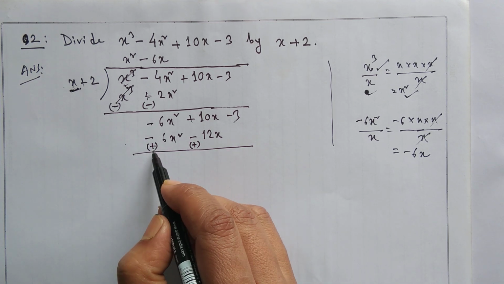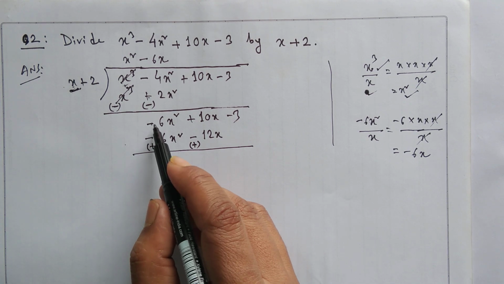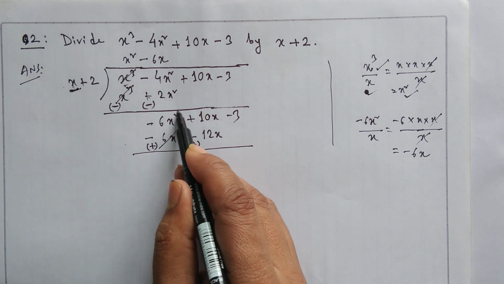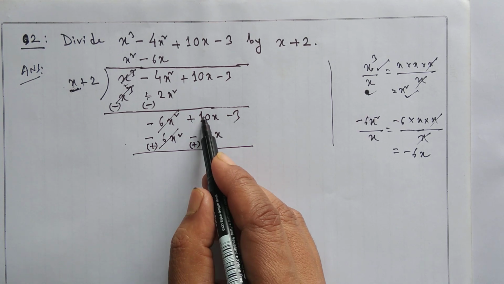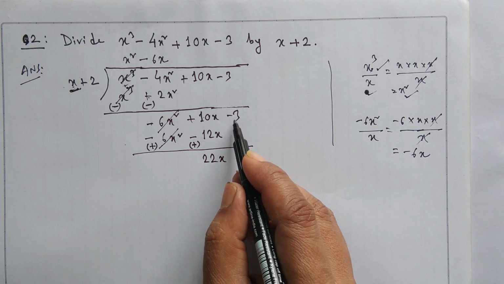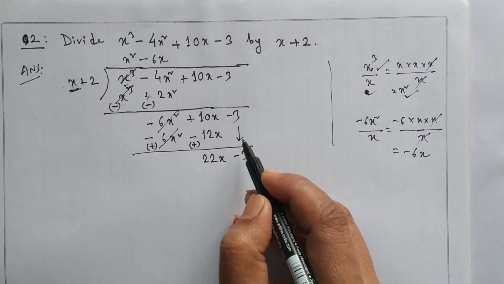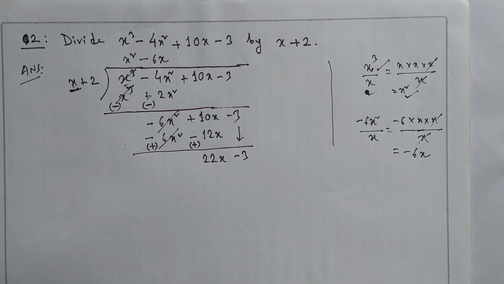Now minus 6 plus 6, always consider the sign that I have written within the bracket, you will get cancelled. Here plus 10x, now here plus 12x. Plus 10 plus 12 is plus 22x. The minus 3 will come down from the upper line. When it comes down from the upper line, I said the sign does not change, so it will remain as minus 3 only.